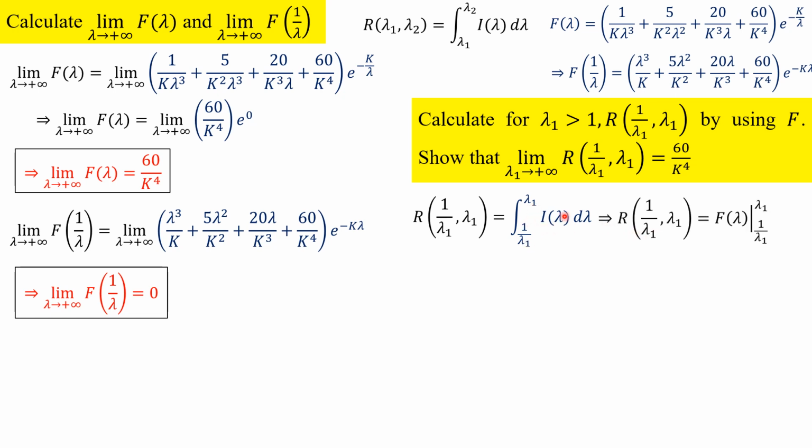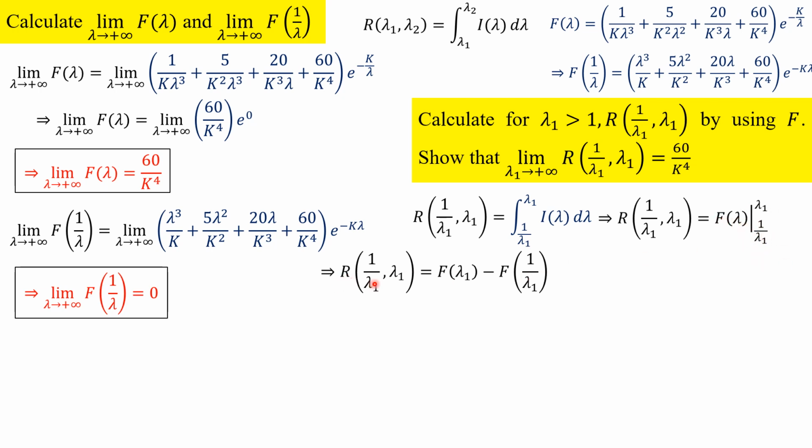But integrating I of lambda alone, we just get f of lambda. So since we now have limits of integration, it means that this A of 1 over lambda 1 is just f of lambda from 1 over lambda 1 to lambda 1. So put the upper limit, we get f of lambda 1, put the lower limit, we get f of 1 over lambda 1.